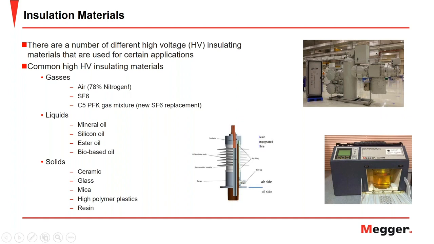This also includes SF6, C5PFK gas mixture, and it includes liquids such as mineral oil, silicon oil, ester-based oil, and bio-based oil, and then ultimately solids such as ceramic, glass, mica, high polymer plastics, and resins.